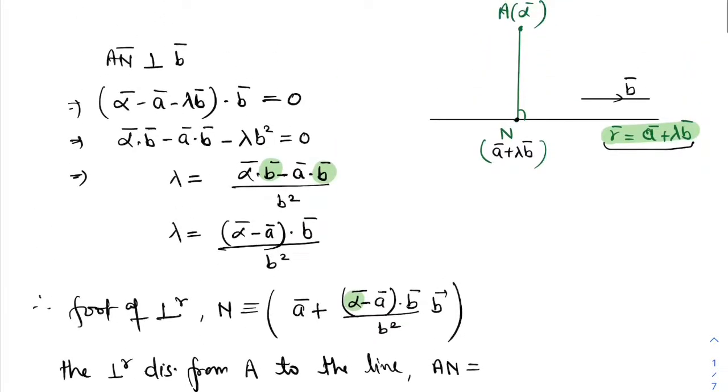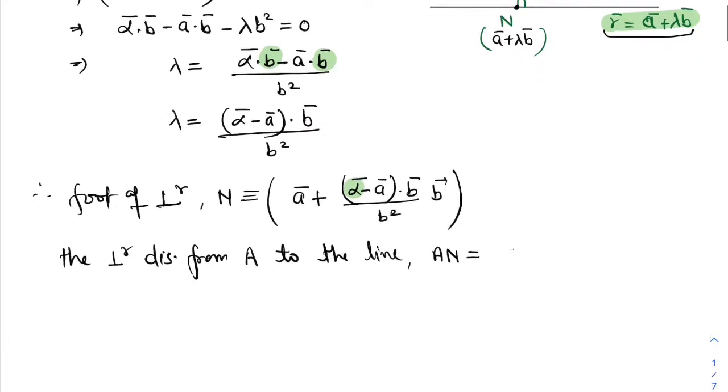So this AN will be nothing but the magnitude of AN vector, and that is alpha minus a vector minus lambda times b vector, and its magnitude. We have already calculated the value of lambda. There is no need to write and learn this formula.